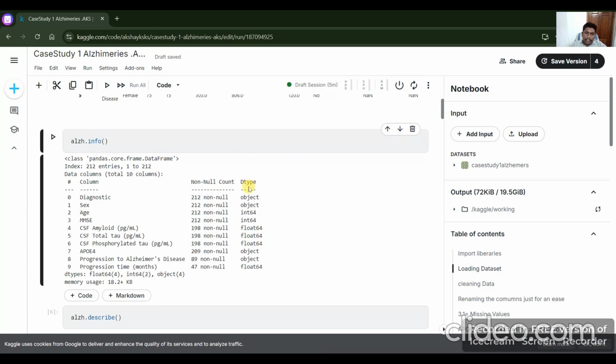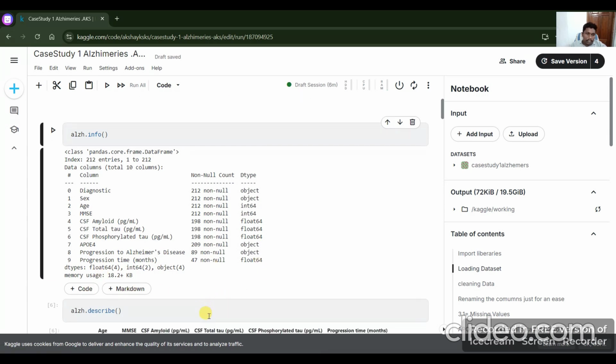Age is int64, MMSE is int64, CSF amyloid and CSF total tau are float. Phosphorylated tau is float, APOE4 is object, progression to Alzheimer's disease is object, and progression time is float64.